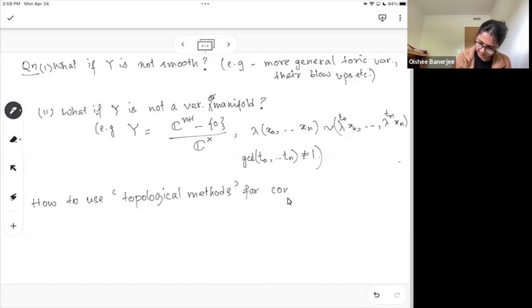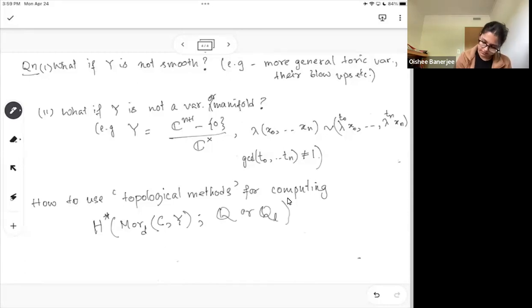For computing, let's say, homology, which may or may not be with compact support, whichever we get, of things like this, with some coefficients.